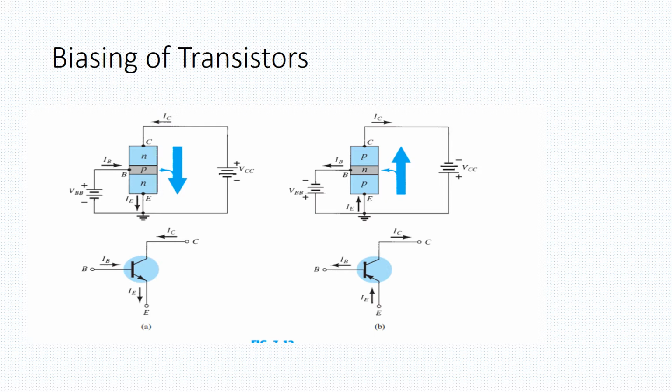Similarly in this situation also, only in NPN transistors the polarities are changed, rest everything remains the same. And in the symbol, in NPN the current flows from P to N region, and here it flows from base to emitter region. Mostly the flow of the current is from P to N.